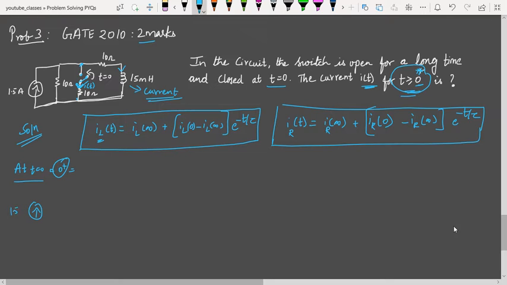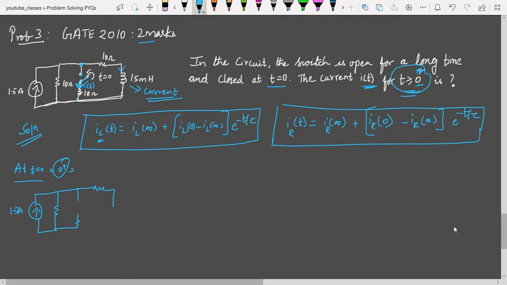So 1.5 amperes current is coming, and here the resistor is there. Here the switch was not closed, let me say the 0 minus condition, so it will be easy to understand what is happening. This is how the circuit would look.